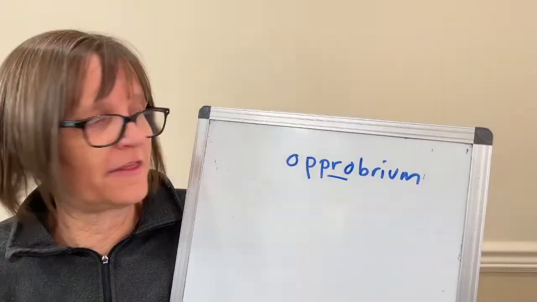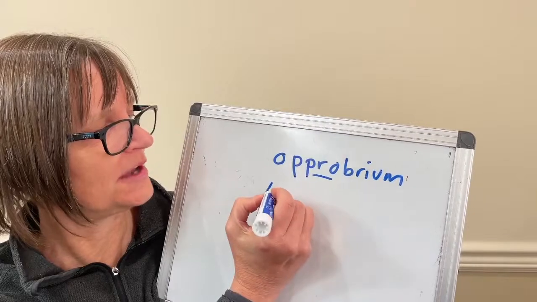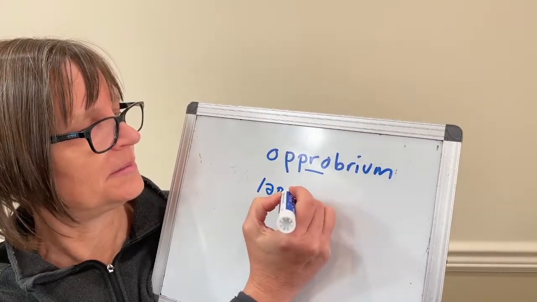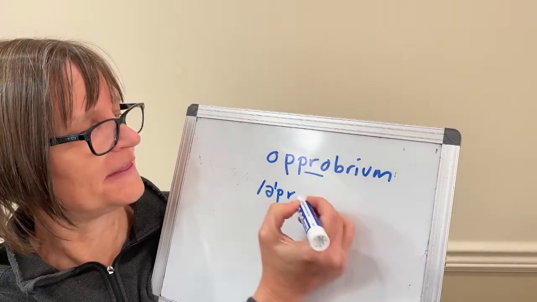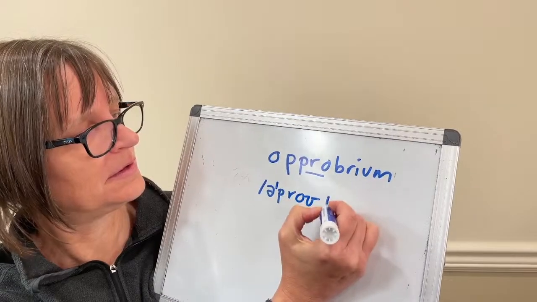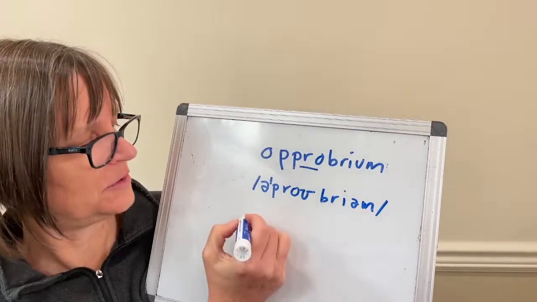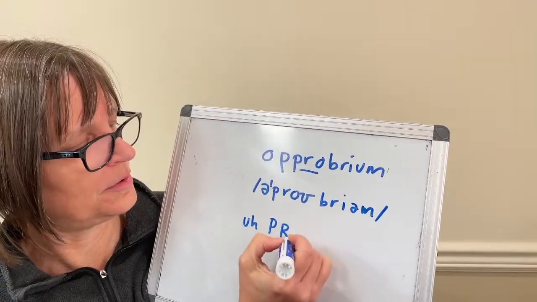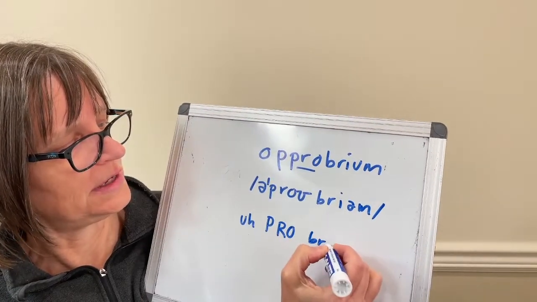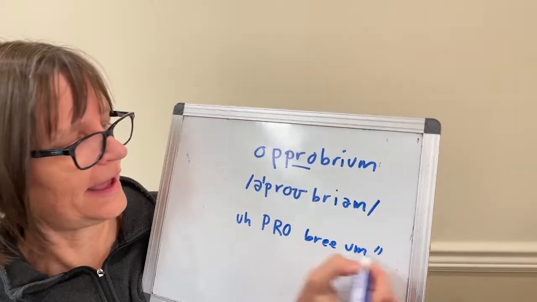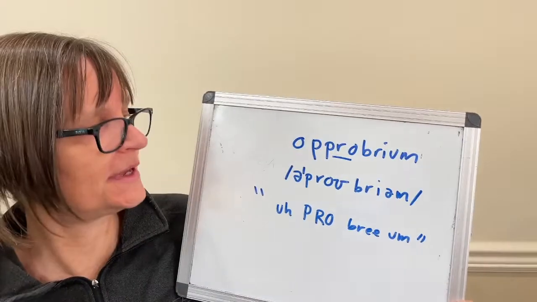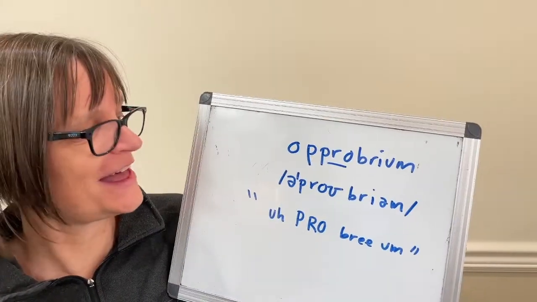Okay, so opprobrium. It will be second syllable stress, which means the first letter O, rather than being an O sound, is going to be a schwa sound. And then we'll have the stress on the "pro" syllable, and then an E. While I had it open, I should have looked up what it meant, but I will do that after class.